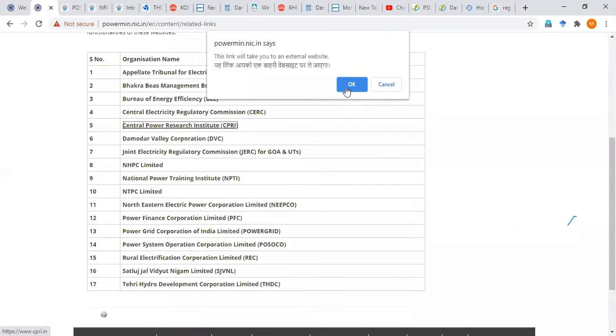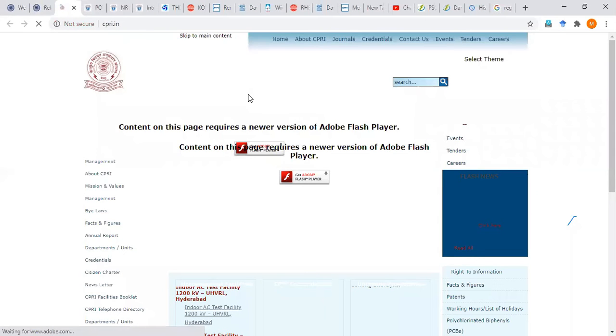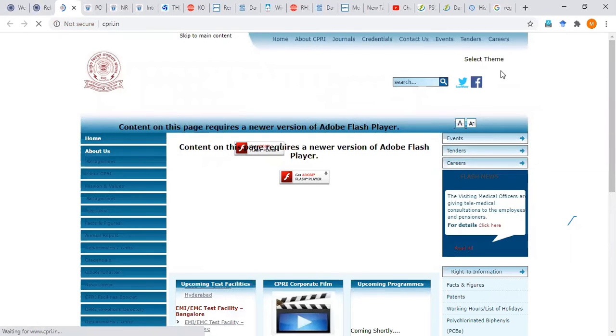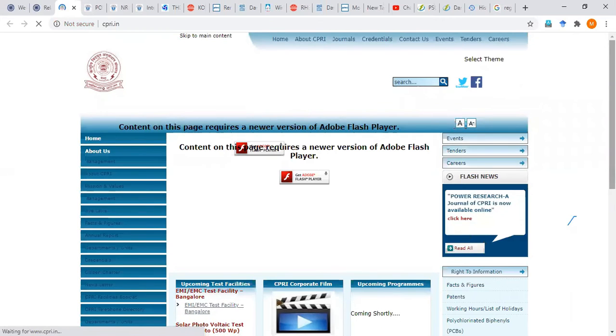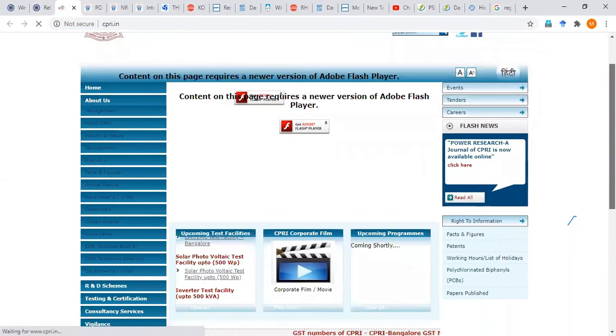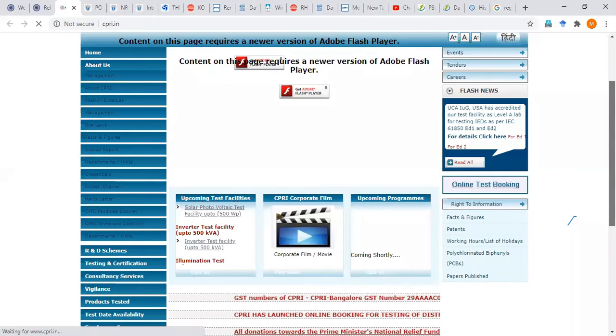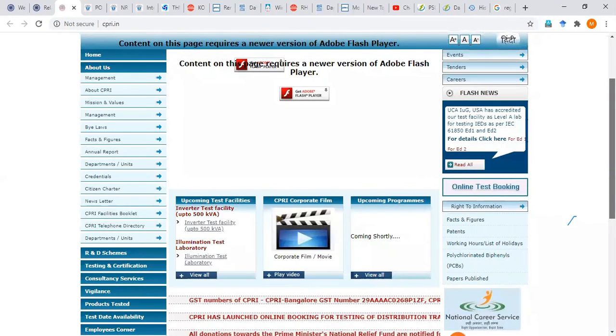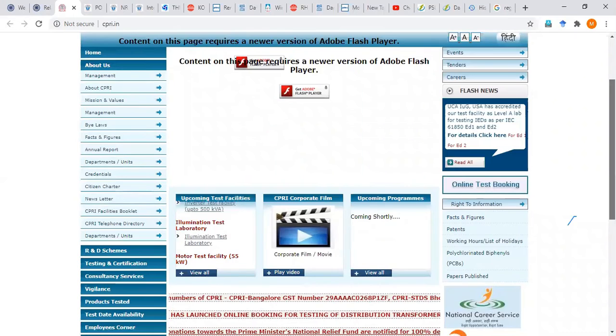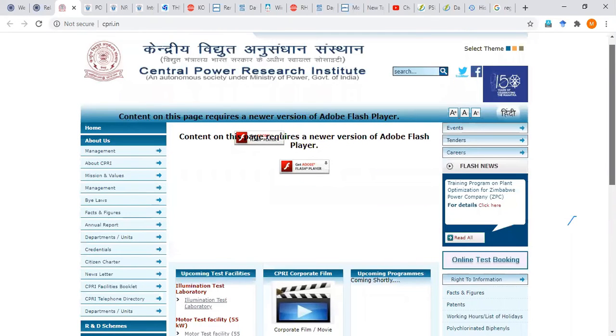Then a useful organization, since many of you are thinking of your career in the power sector, is most beneficial for them. Central Power Research Institute, CPRI. Near to us, we have this in Bangalore. Most of the testing facilities are available with the Central Power Research Institute.